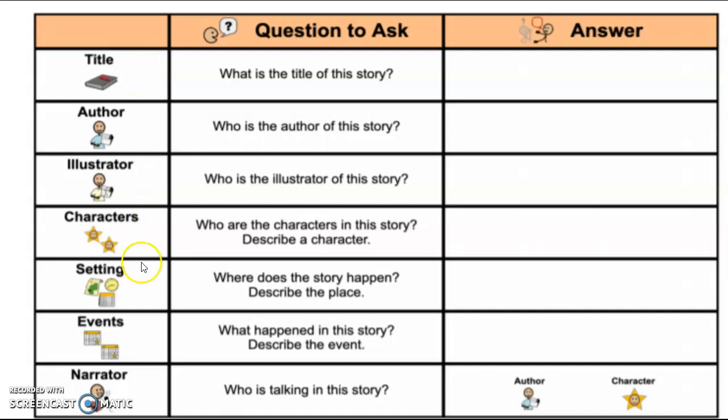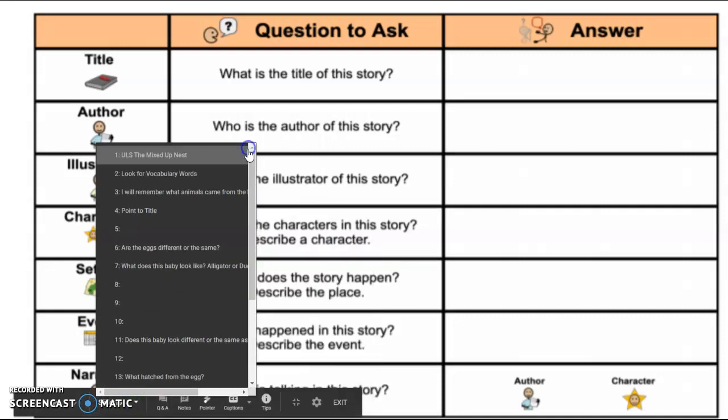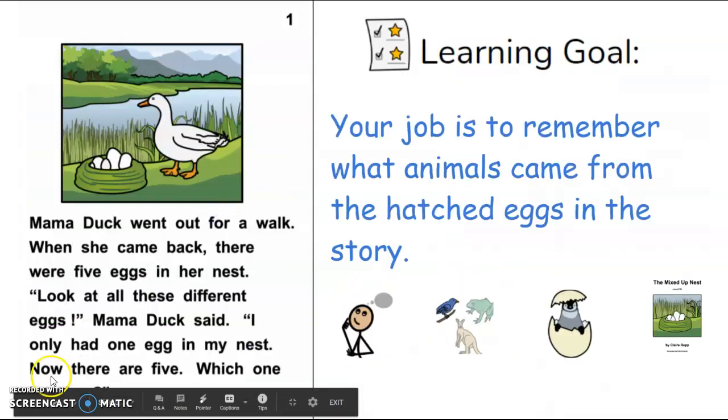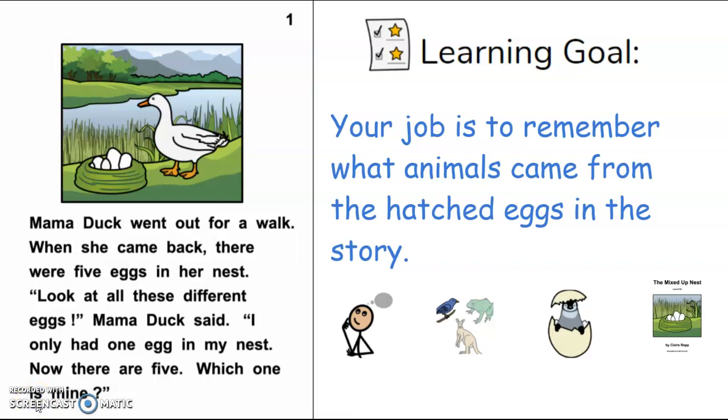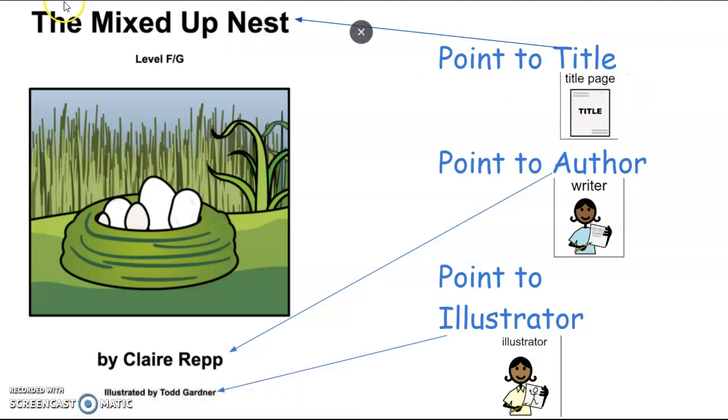If you don't remember, we can go back and look at the title page. So this is the title page, and the title of the story is The Mixed Up Nest.